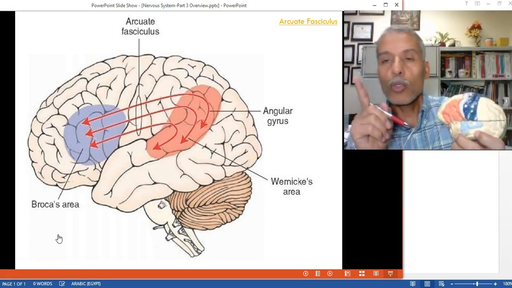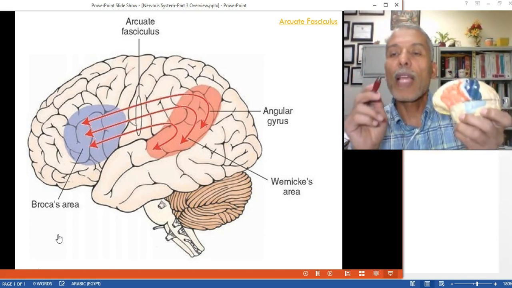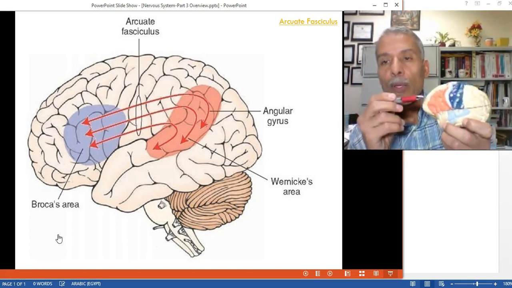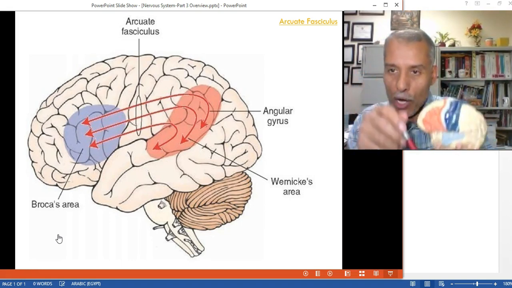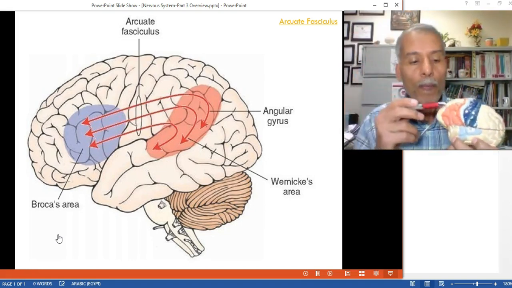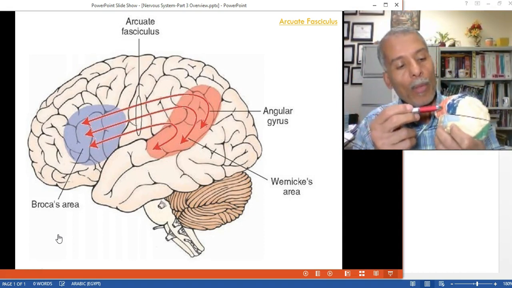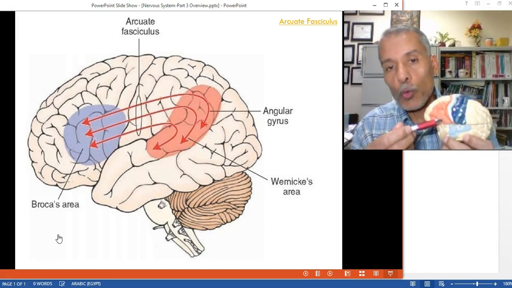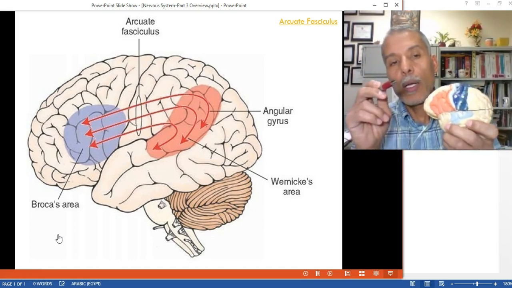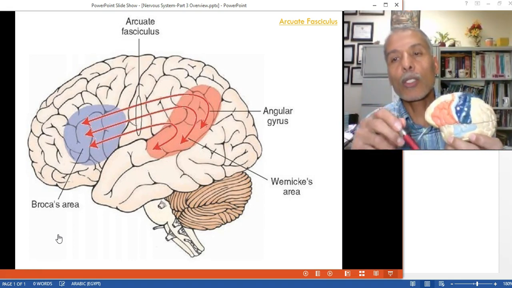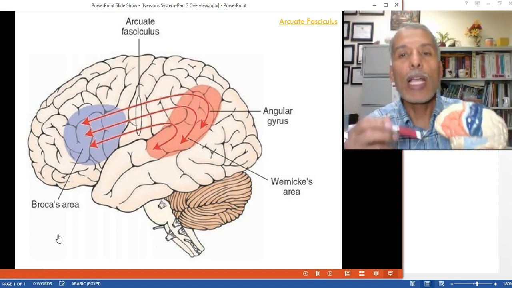So again, you need to say that it is in the left hemisphere. You need to say that it is in the inferior, posterior frontal lobe, anterior to the foot of the premotor cortex, or the foot of the premotor area.